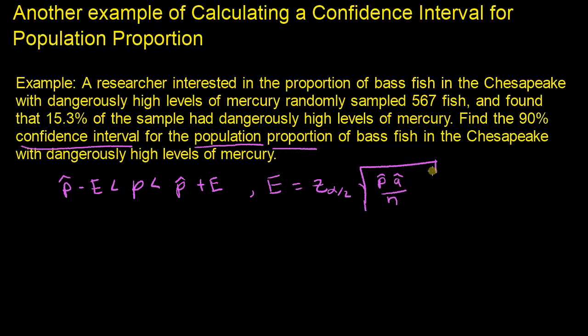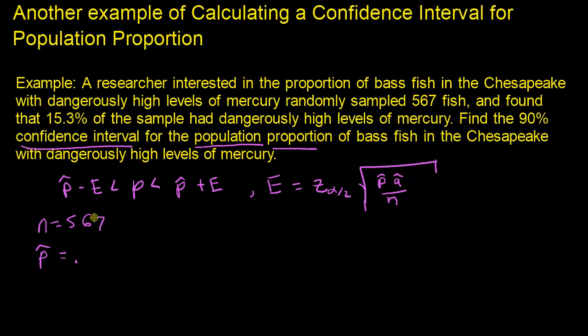All right, great. So let's see what this question has given us. The researcher randomly sampled 567 fish. So that's their sample size, n. They found that 15.3% had dangerously high levels of mercury. Okay, so they already calculated the sample proportion for us.